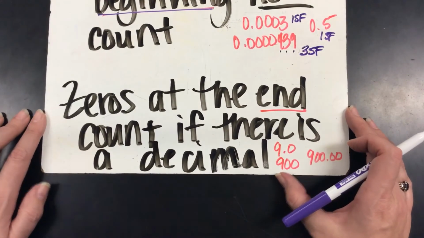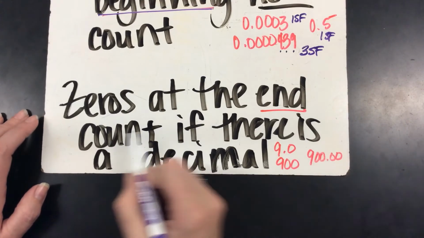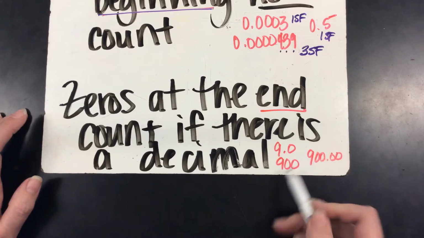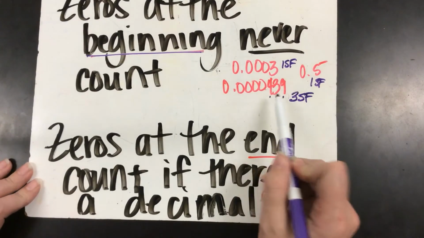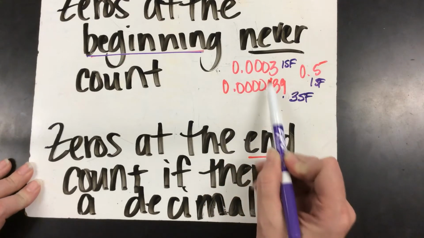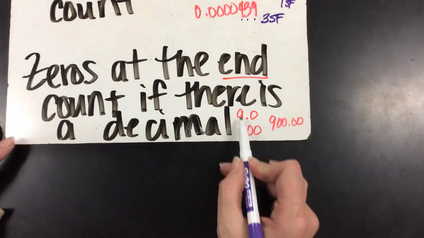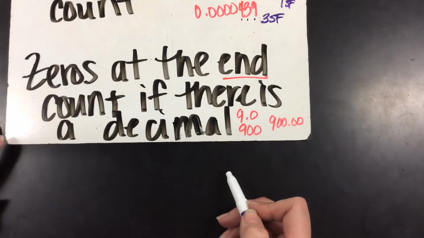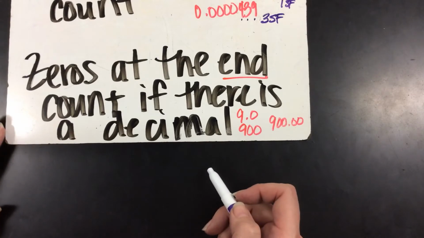The last rule, these zeros, sometimes they count and sometimes they don't. It's zeros at the end of the number. Just like up here, the zeros at the beginning of the number are everything until your first 1 through 9 number. Zeros at the end of the number are everything after the last 1 through 9 number. Zeros at the end of a number count only if there's a decimal present.